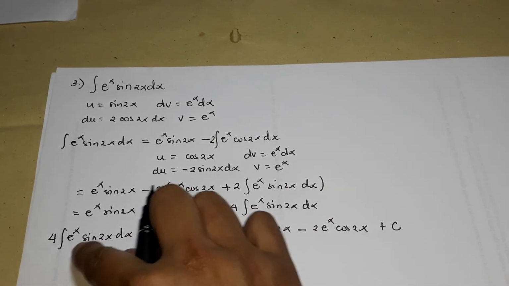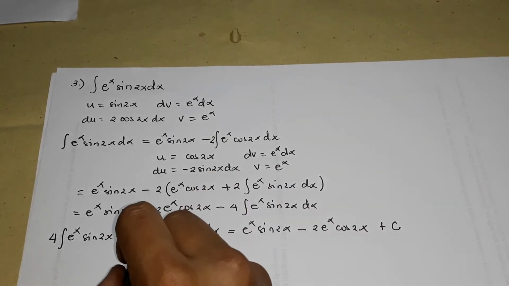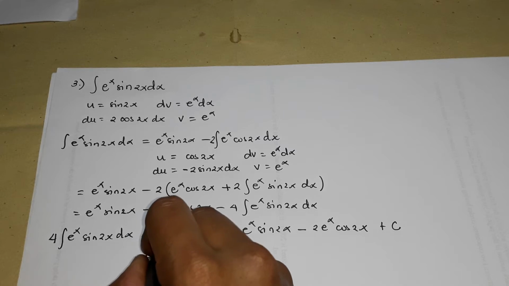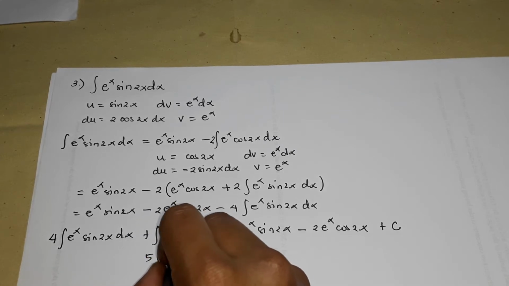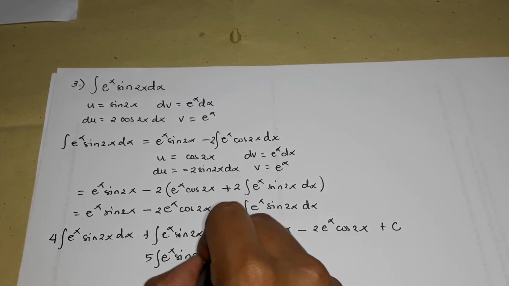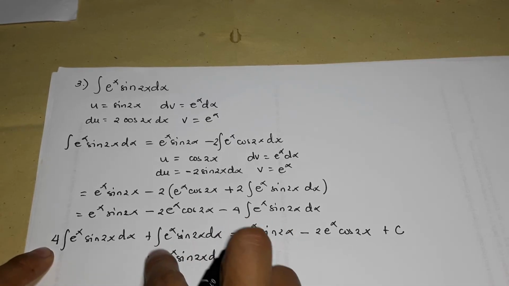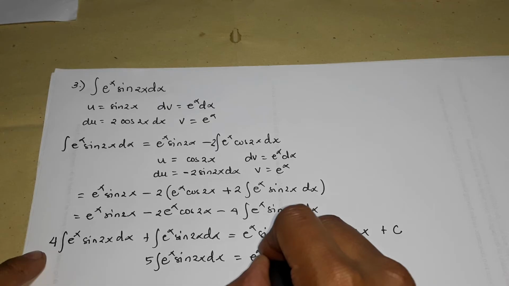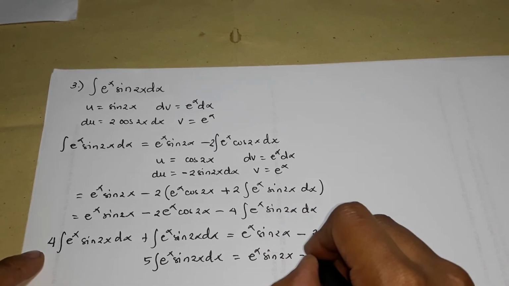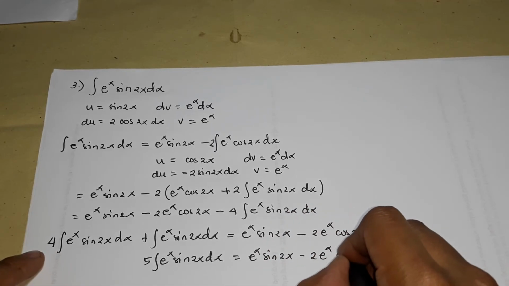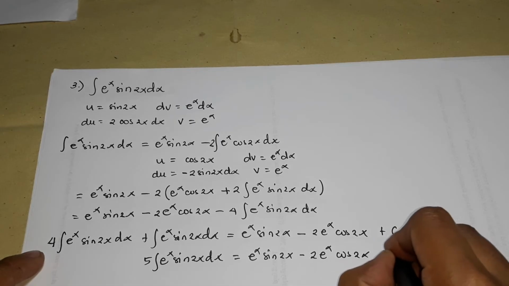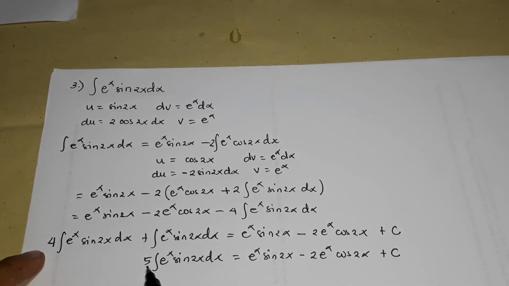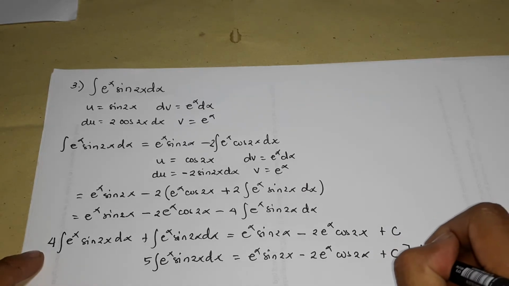Then you add these two, so you will have 5 integral of e to the x sine 2x dx. So that's 4 plus 1, that becomes 5, equals e to the x sine 2x minus 2e to the x cosine 2x plus c. Again, to remove 5 from this side of the equation, you multiply everything by 1 over 5.